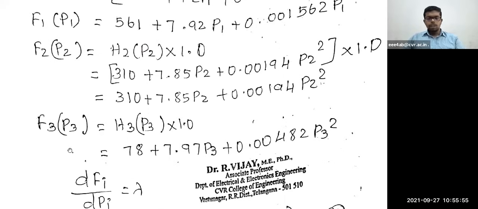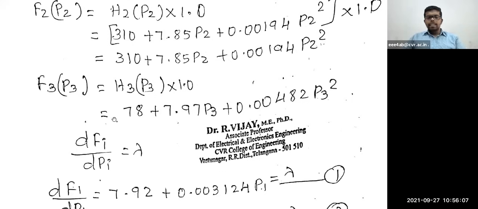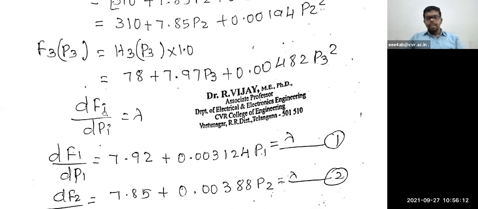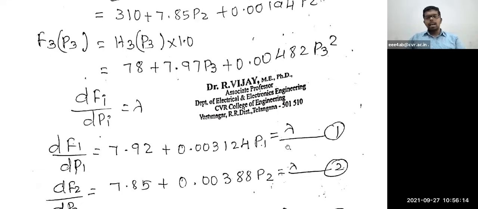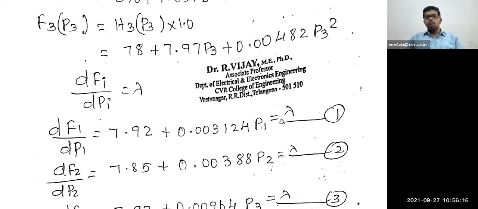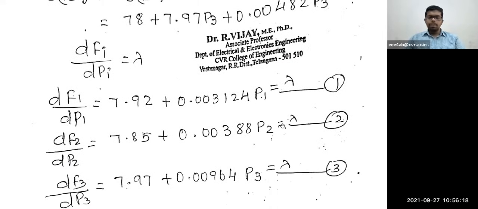Next, the fuel cost function 78 plus 7.97 P3 plus 0.00482 P3 square. The same problem we have solved using the conventional method: we found out lambda, and from the lambda we found out P1, P2, P3, and next we checked for the demand.